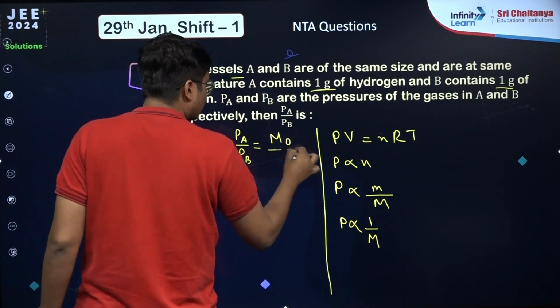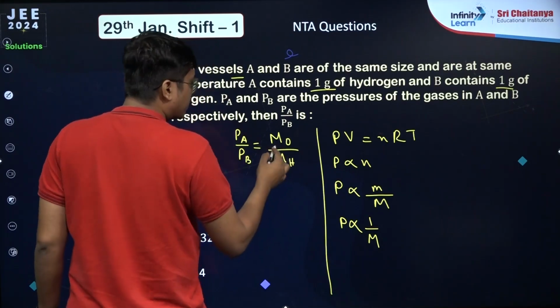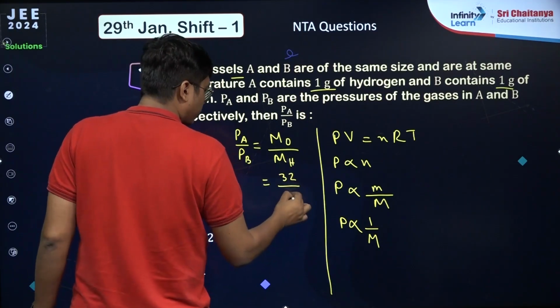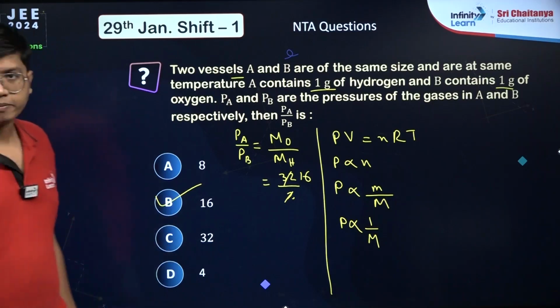So molar mass of oxygen by molar mass of hydrogen. So PA by PB comes out to be, molar mass of oxygen is 32, this one is 2, take it out, you have 16. That is the answer, option B, 16.